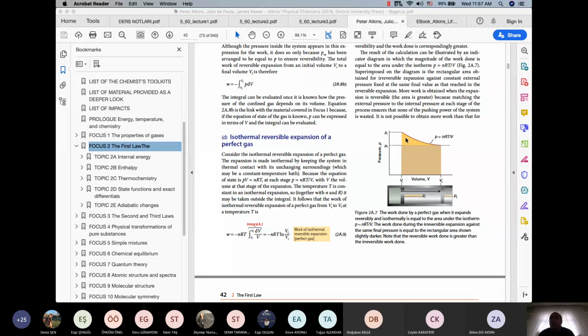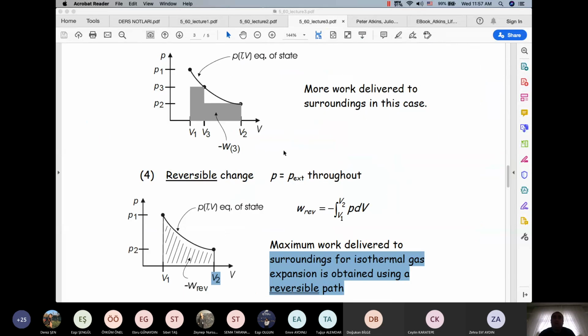And this line over here describes the equation of state. In the ideal gas case, it is PV equals nRT. Okay, let's come back.